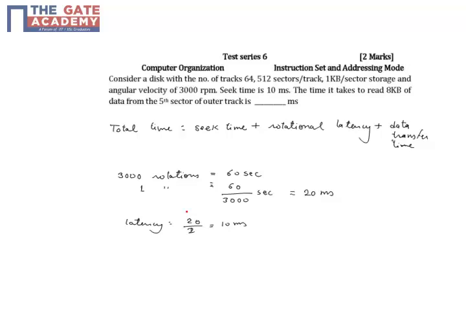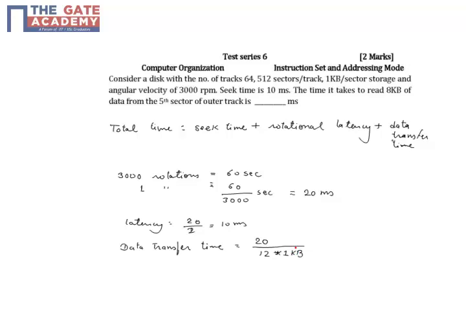Now we will calculate the data transfer time. You can understand easily that this particular disk takes 20 milliseconds to rotate a complete track, and in one track there are 512 sectors and each sector has 1 KB of capacity.